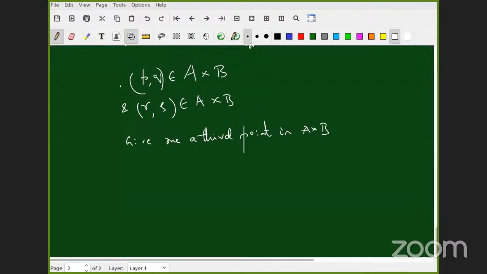No, you have not understood my question. See, I said 2 points, right? P comma Q in A cross B, R comma S in A cross B. I want a third point out of these 2 points.